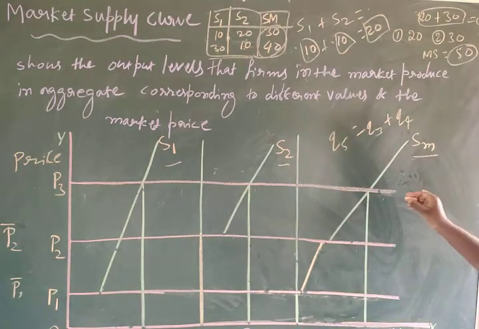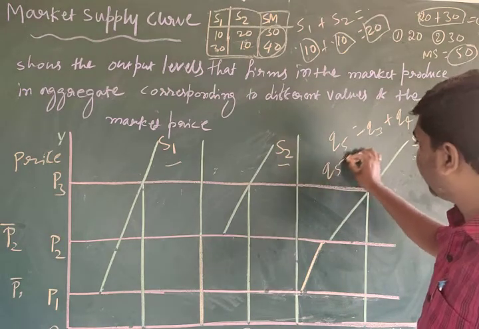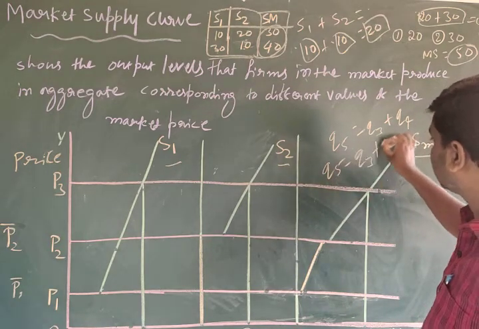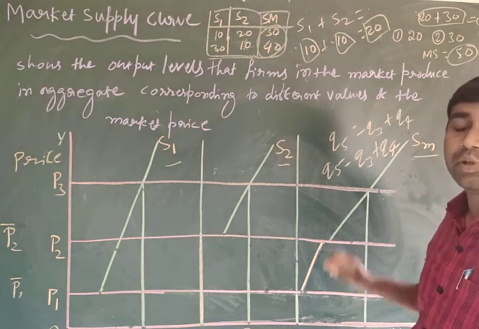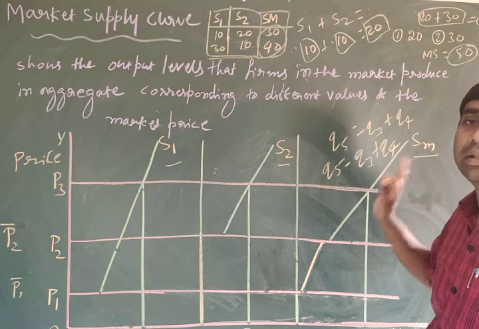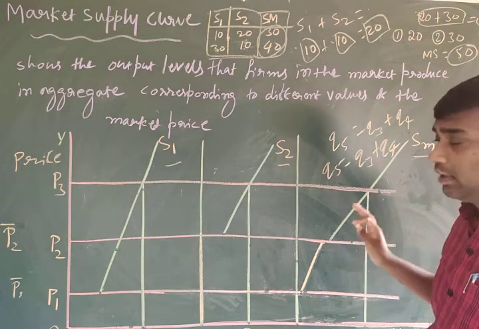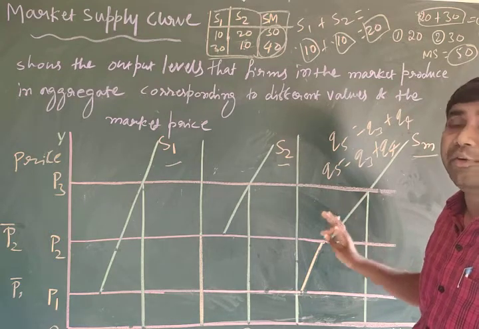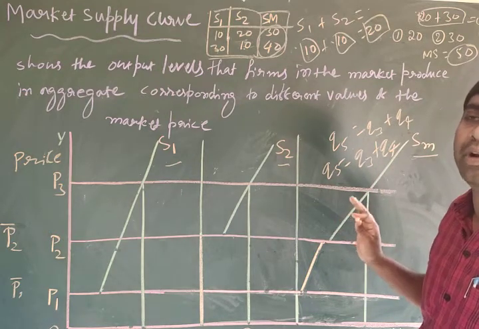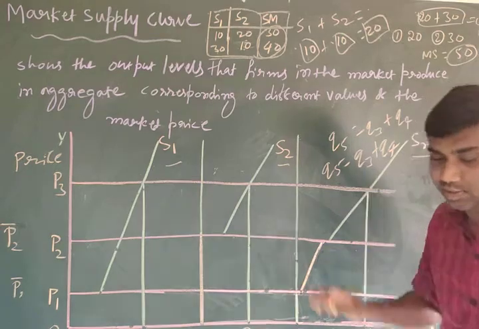How can we get Q5? We can get Q5, that is Q3 plus Q4. So this is the market supply curve, and this is very important for 6 marks.